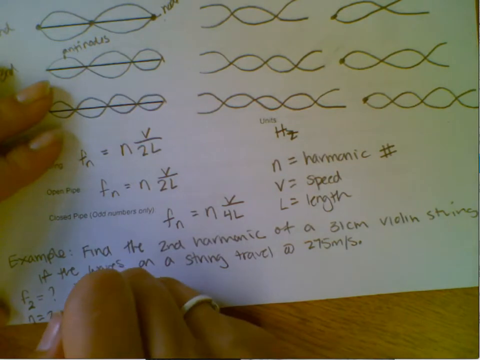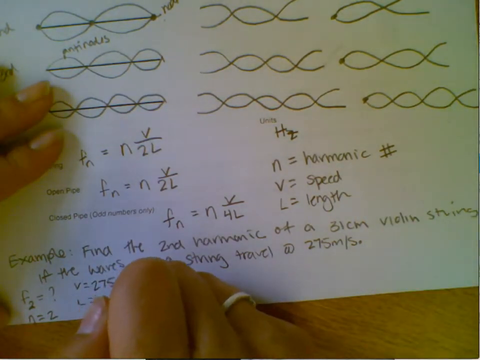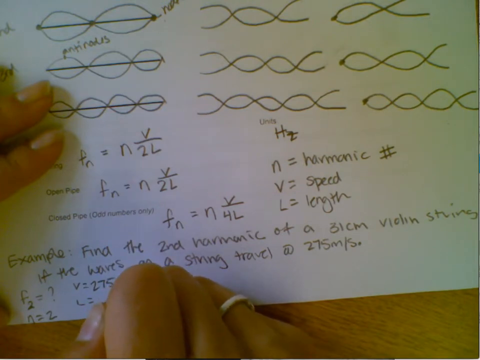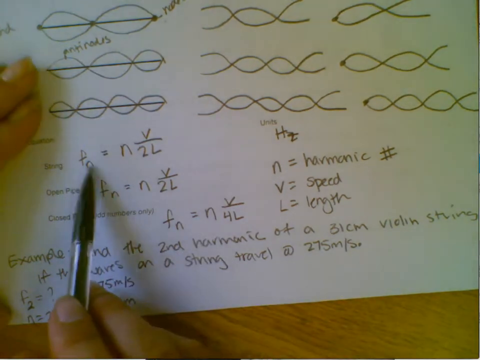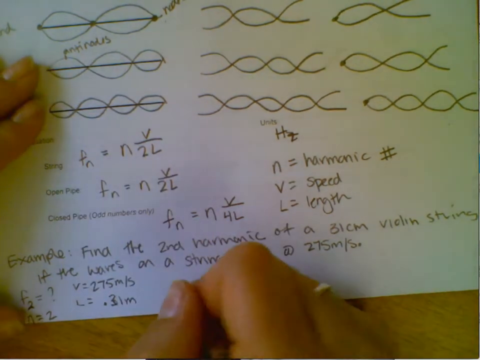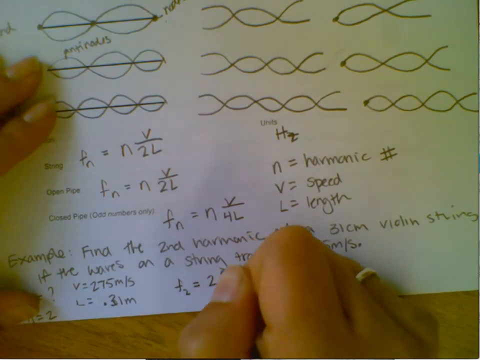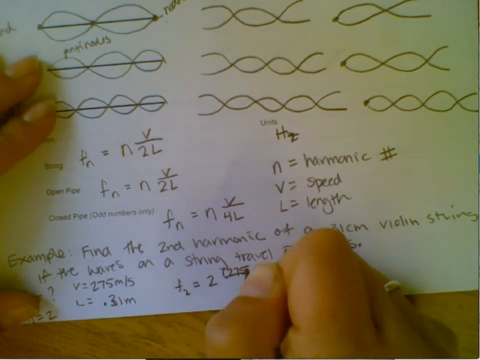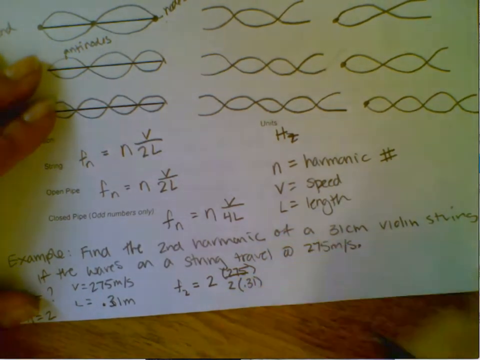And we know L is 31 centimeters, but we can't use centimeters, so we'll put 0.31 meters. Since it's on a string, we use this equation. So we have F2 equals 2 times V, which is 275, over 2 times L, which is 0.31.